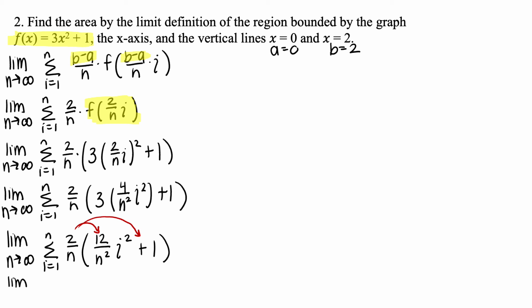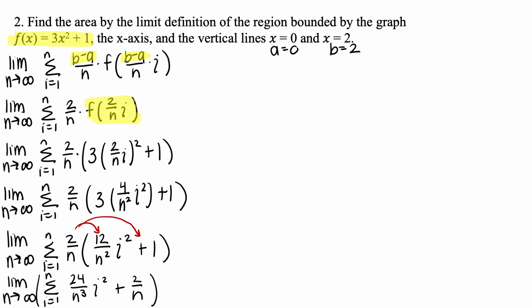So we have the limit as n goes to infinity of the sum from i equals 1 to n of 24 over n cubed times i squared plus 2 over n.